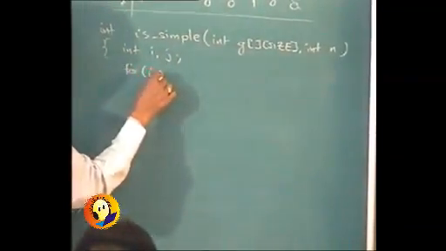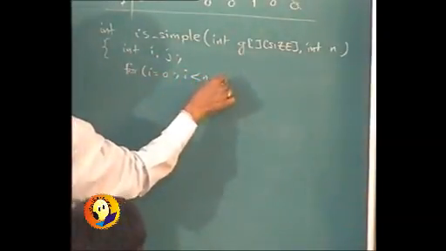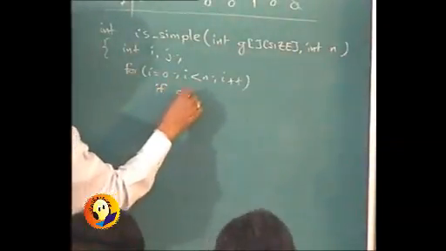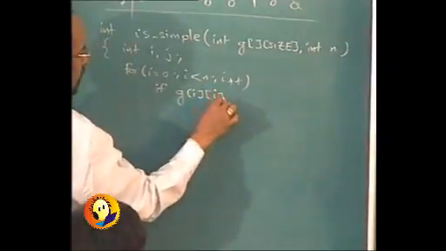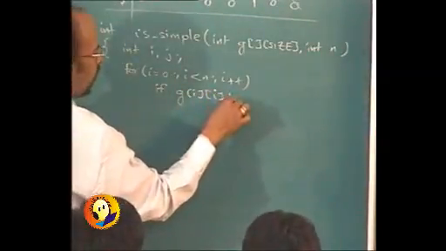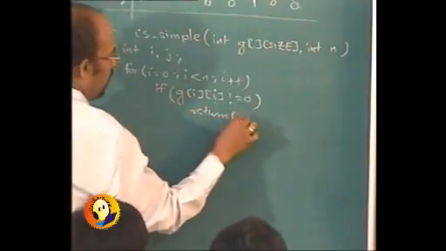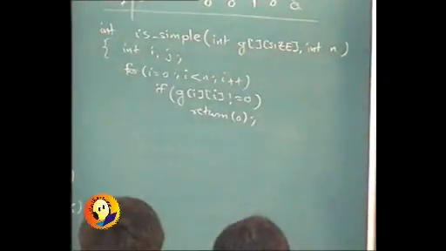For i equal to 0, i less than n, i plus plus, if g of ij, rather if g of ii is not equal to 0, return 0. If the diagonal element is non-zero, it's not a simple graph.